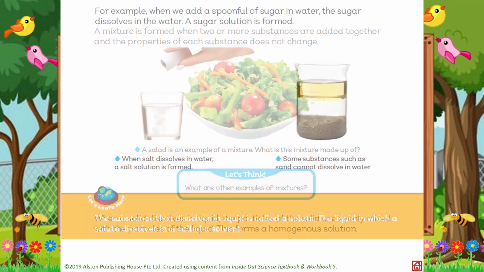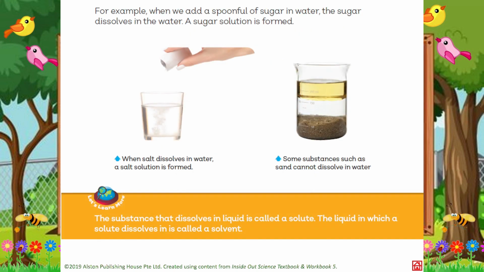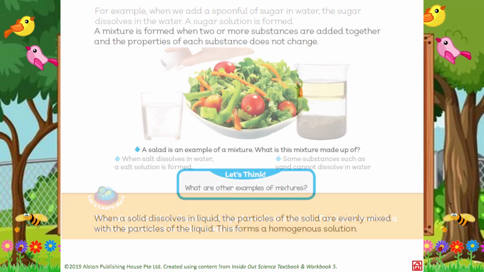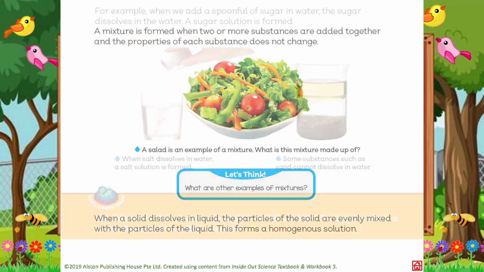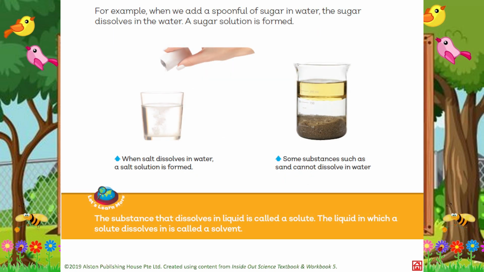So next, for example, when we add a spoonful of sugar in water, when a solid dissolves in liquid, the particles of the solid are evenly mixed with the particles of the liquid. This forms a homogeneous solution. So this is now the difference between a homogeneous solution and a mixture.